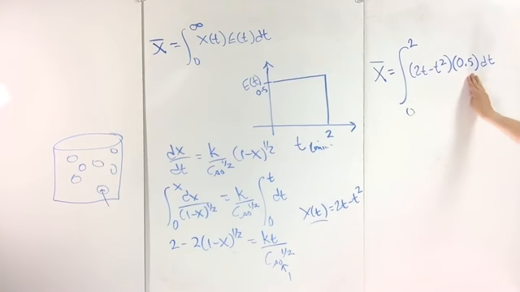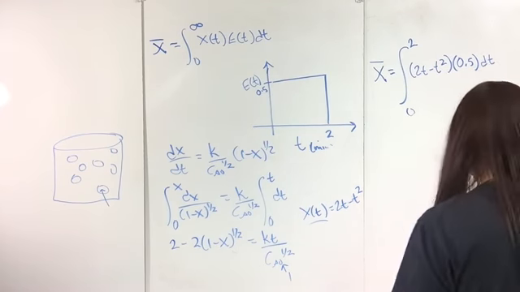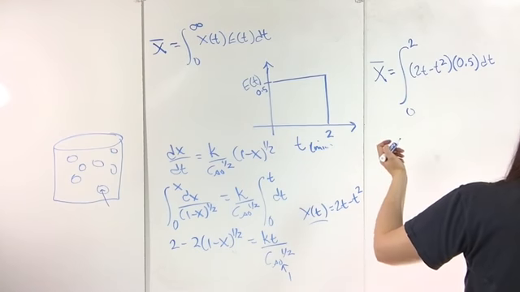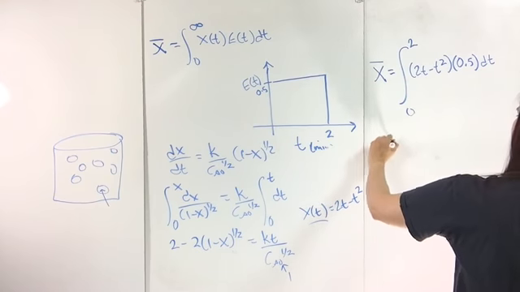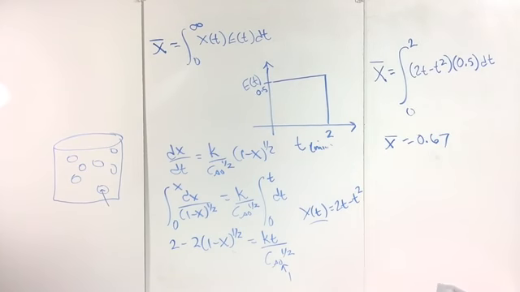But depending on what you're given, this could also be a function. So just make sure you're putting in the correct thing for E of t. And so then if I solve this, I get that x is equal to 0.67.